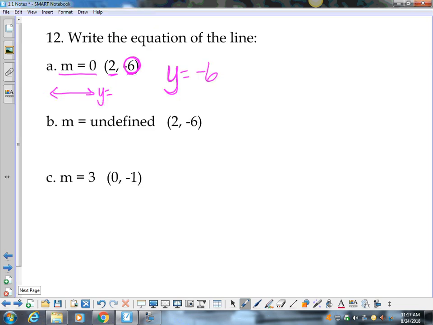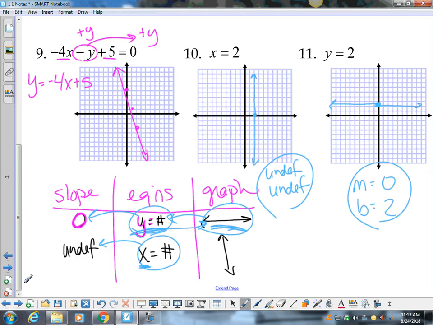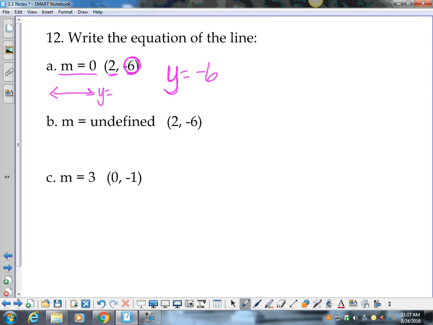Okay, undefined. Okay, let's go back and look at our chart. If I'm undefined, I know I'm x equals a number. So if I'm undefined, I'm x equals, and again, you have two numbers. If it's x equals, it's the x value of the point. So for A, his graph, let's see, 2, there's my point.